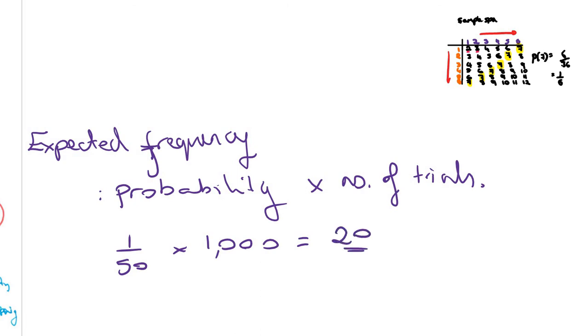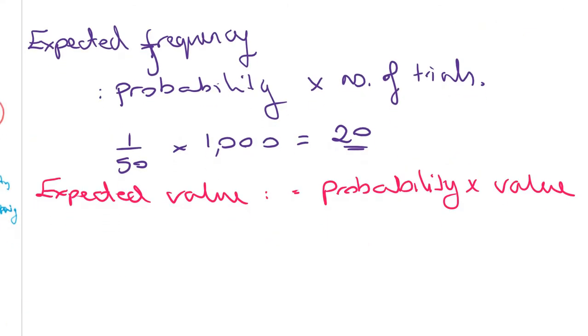That's expected frequency. Another thing is called expected value. Expected value is used for working out whether it's worthwhile carrying out a draw or a lotto. Let's say the probability of winning something is 1 in 10, and the winner gets €2,000. Well, the expected value that you're going to be paying out there is €200.